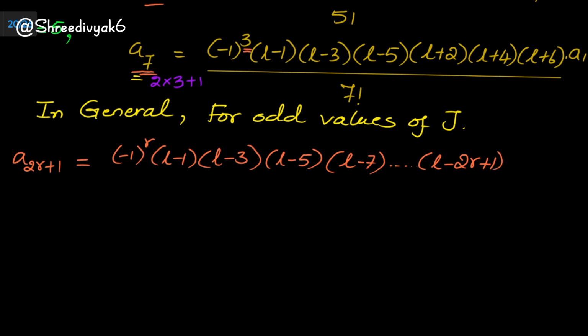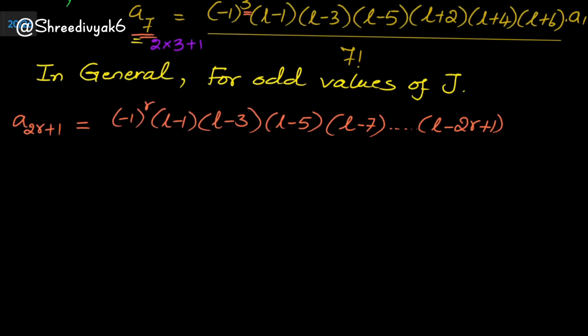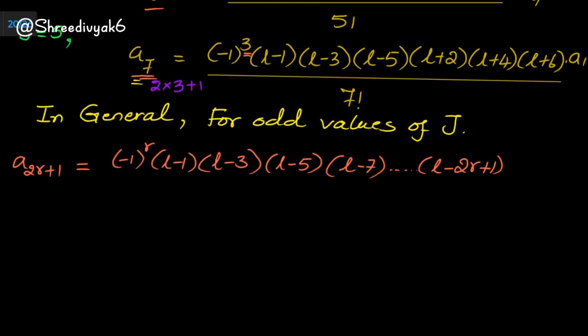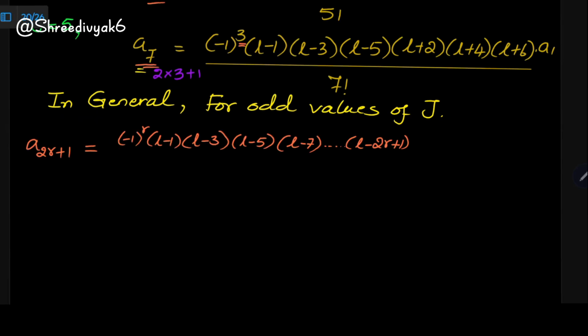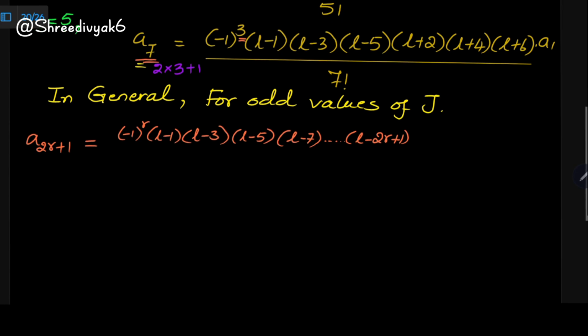Again, this (L minus 2R plus 1) is for the first negative terms what we were getting, right? Similarly, for the next trend, that is (L plus 2), (L plus 4), like that up till (L plus 2R) into A1.